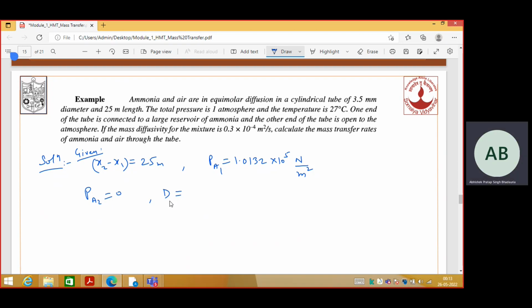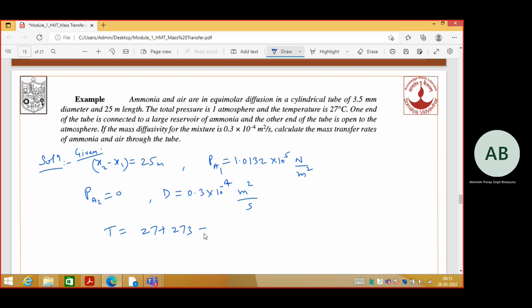The mass diffusivity is given, that is 0.3 into 10 to the power minus 4 meter square per second. Then T is given as 27 degrees Celsius, so convert this into Kelvin. So it is 300 Kelvin.